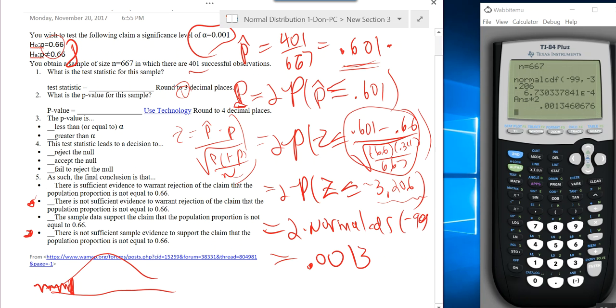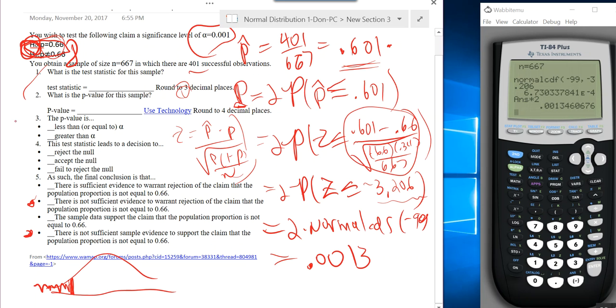There's not sufficient evidence to warrant the rejection of the claim that it's not equal to. Okay, that's a double negative in there. I have to read that carefully. The one that there's not sufficient evidence to reject is the null hypothesis. There's not enough evidence to reject that.